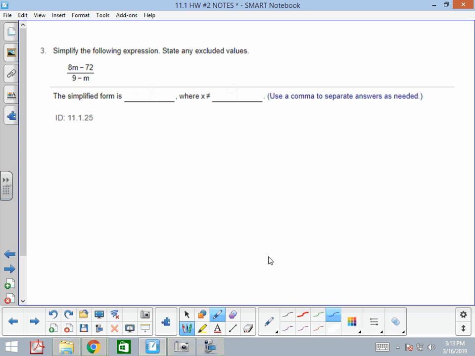So first, let's go back to what we did in 11.1 homework number 1, where we factor when we have a binomial in the numerator or in the denominator. So in this particular numerator, I can factor out an 8, and I get m minus 9.